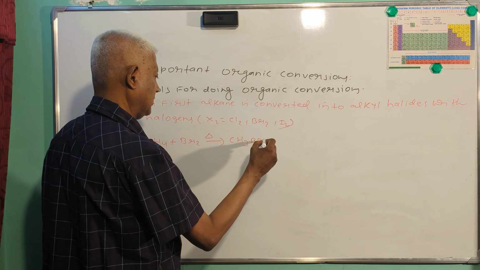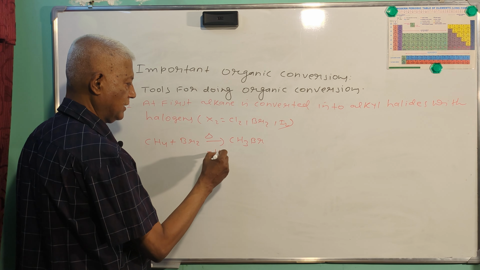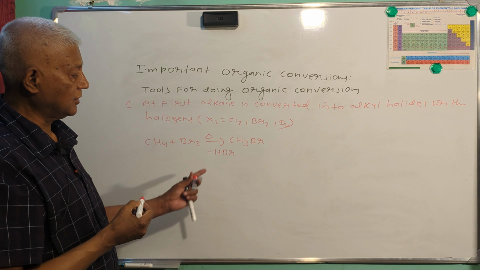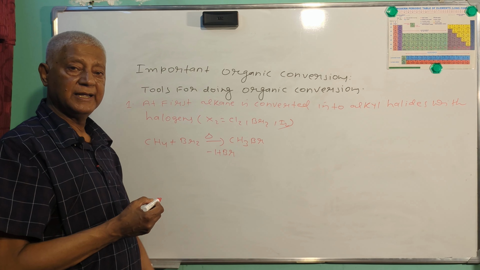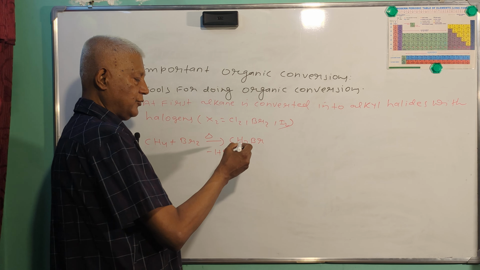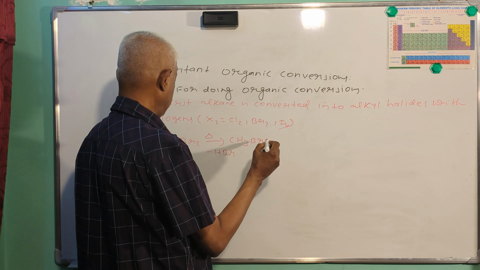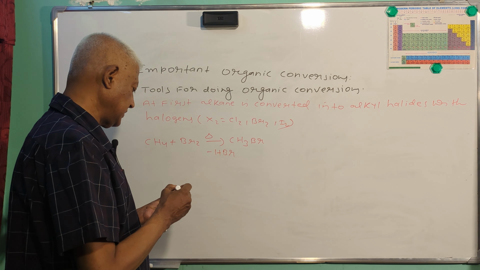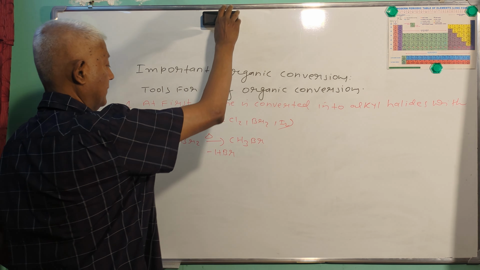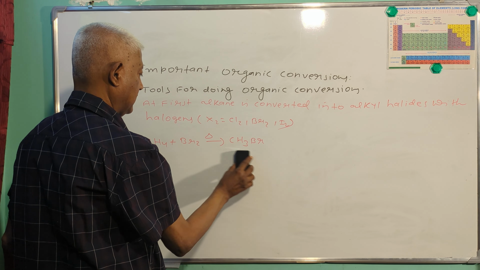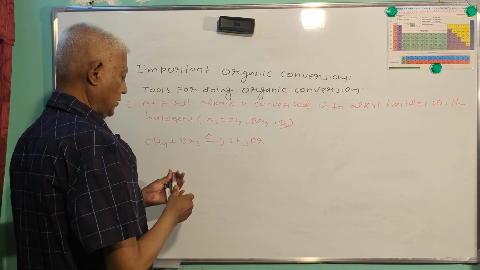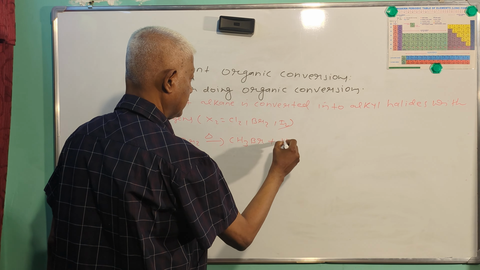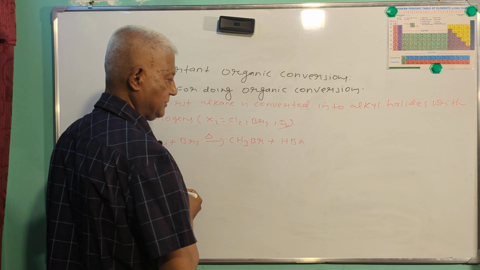CH3Br plus HBr, which is liberated. Now, alkane is converted into alkyl halide, CH3Br plus HBr.